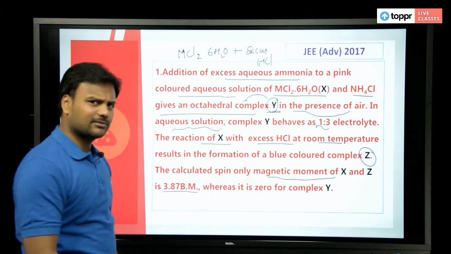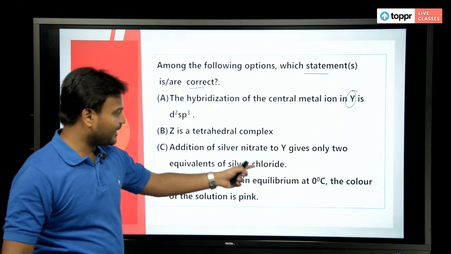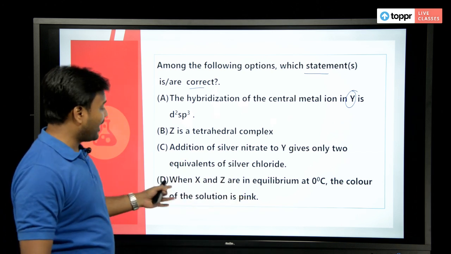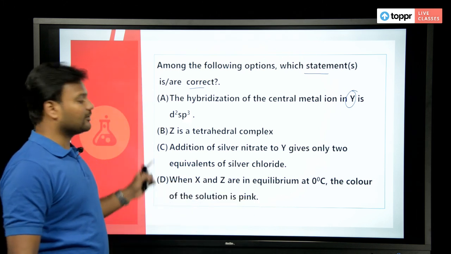Whether it is square planar or not, again we need to check. Addition of silver nitrate to Y gives only 2 equivalents of silver chloride. When X and Z are in equilibrium at 0 degrees, the color of the solution is pink.